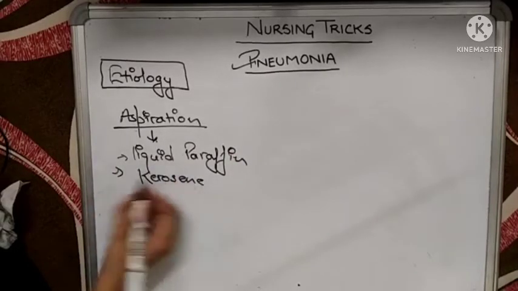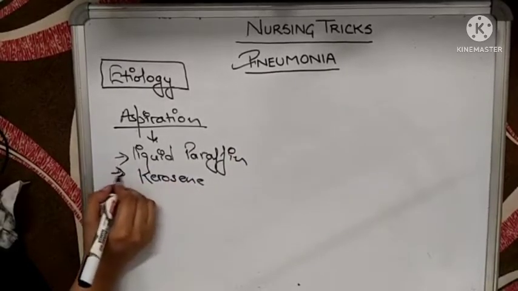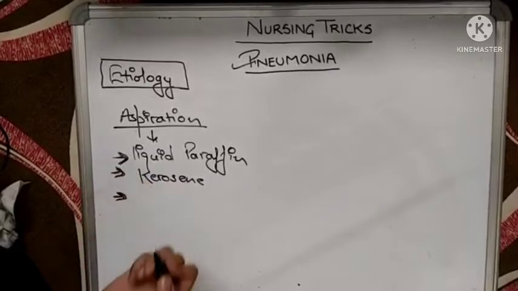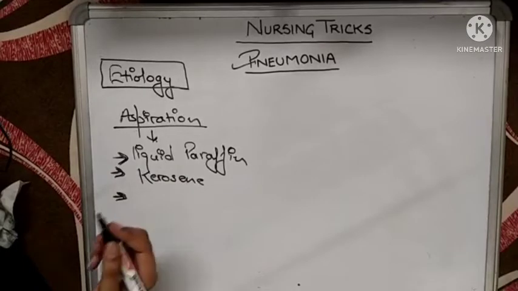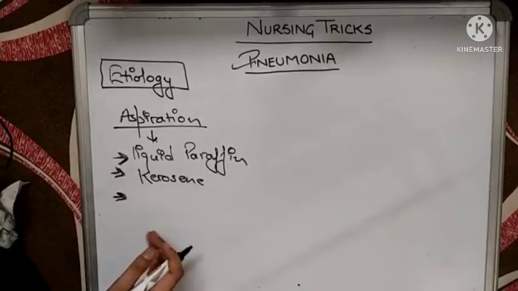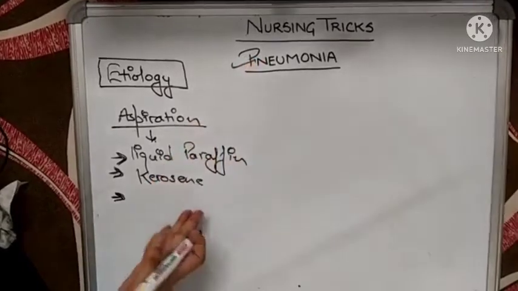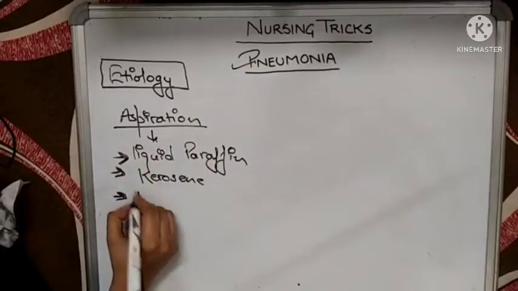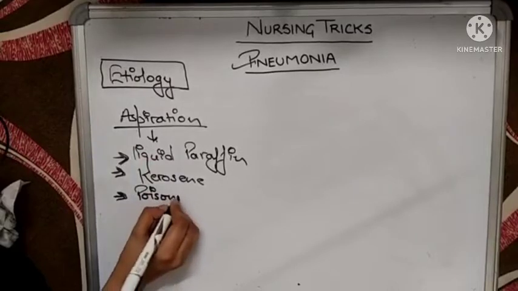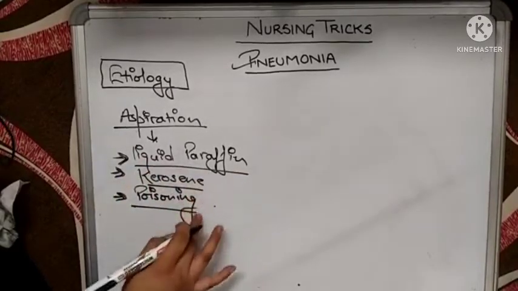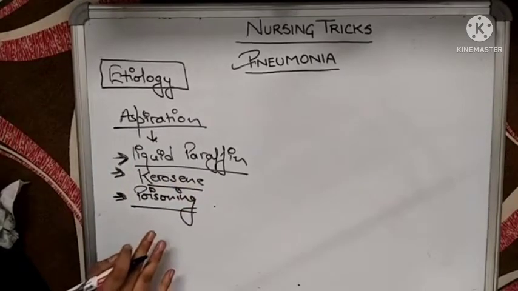Kerosene and these are all foreign things to the lungs, so in response to the foreign things, the lungs will respond with consolidation, and the word consolidation defines the pneumonia. This way the aspiration pneumonia takes place, or it can be the poisoning. These are the various things which can lead to aspiration pneumonia.